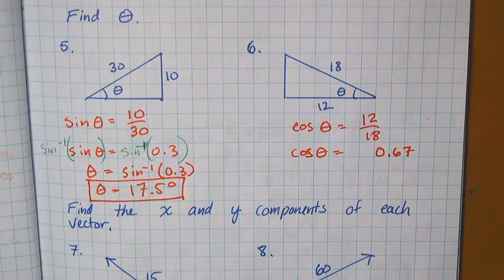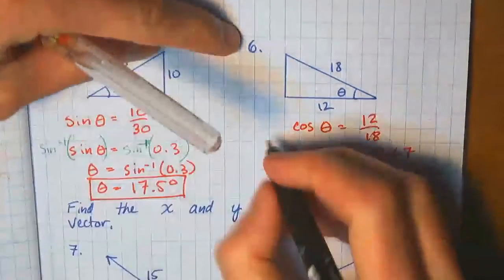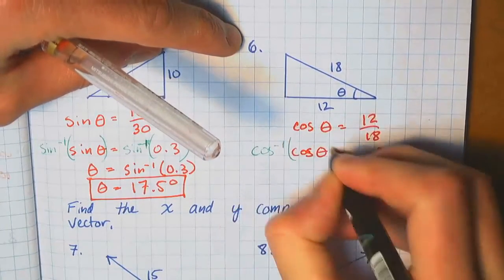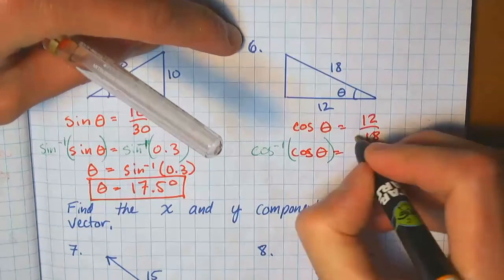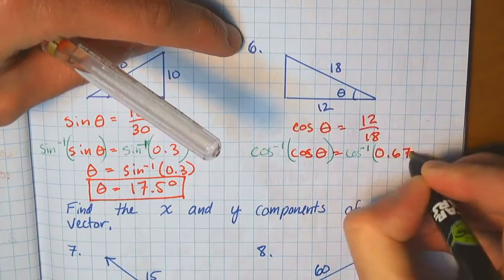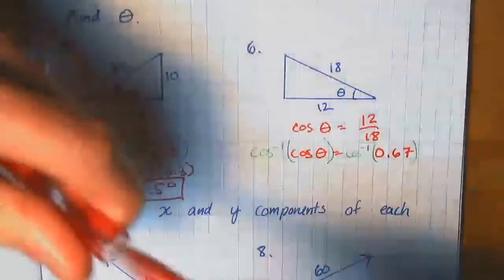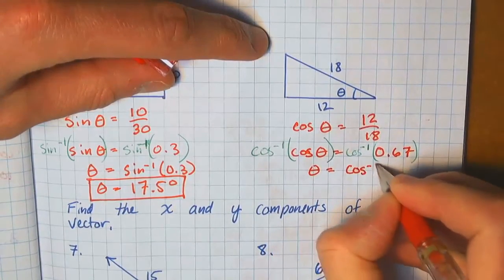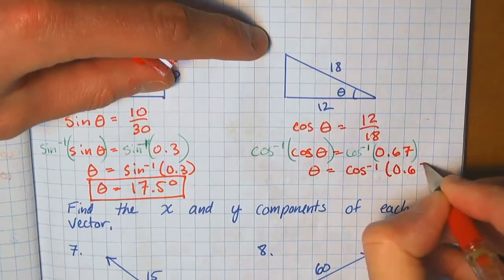Again, you have to undo the cosine. So that is an inverse cosine. So we inverse cosine that side. We have to inverse cosine this side because of how algebra works. And so that's going to give us theta is equal to the inverse cosine of 0.67.